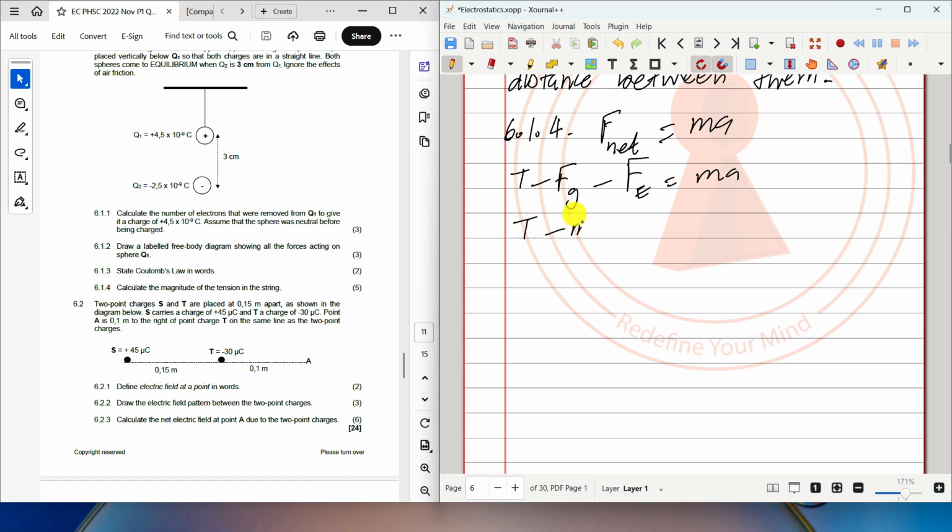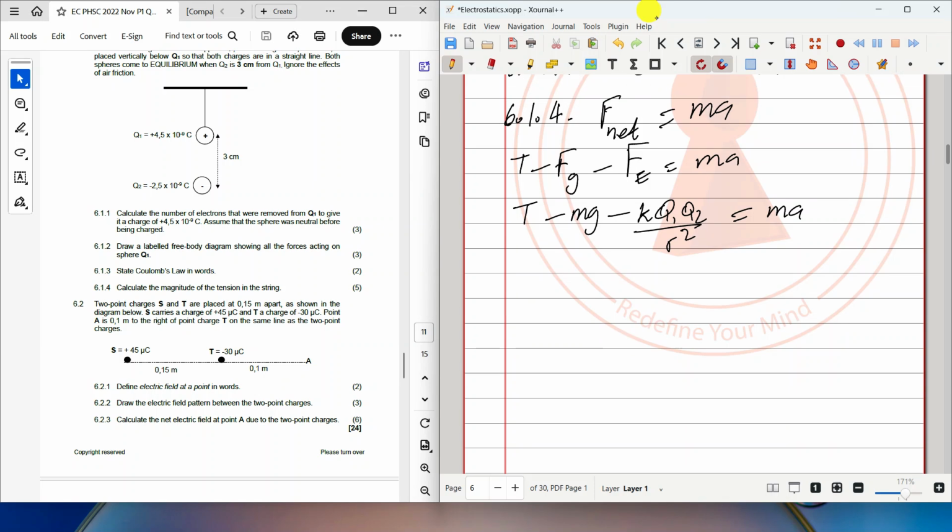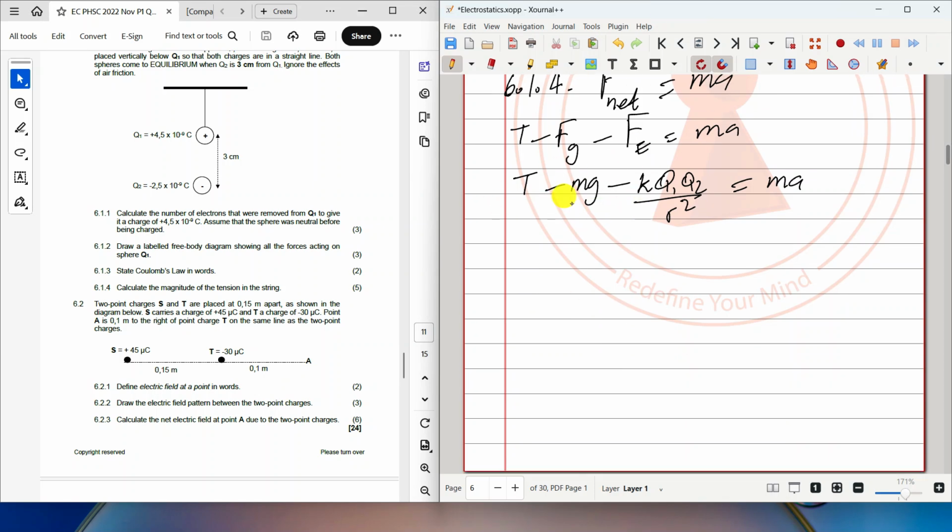So tension minus gravity, mg, that is the weight, then electrostatic force is k q sub 1 q sub 2 all over r squared, is equal to mass times acceleration, isn't it? You can do this in one line, or you can calculate them separately, but let's do it in one line.